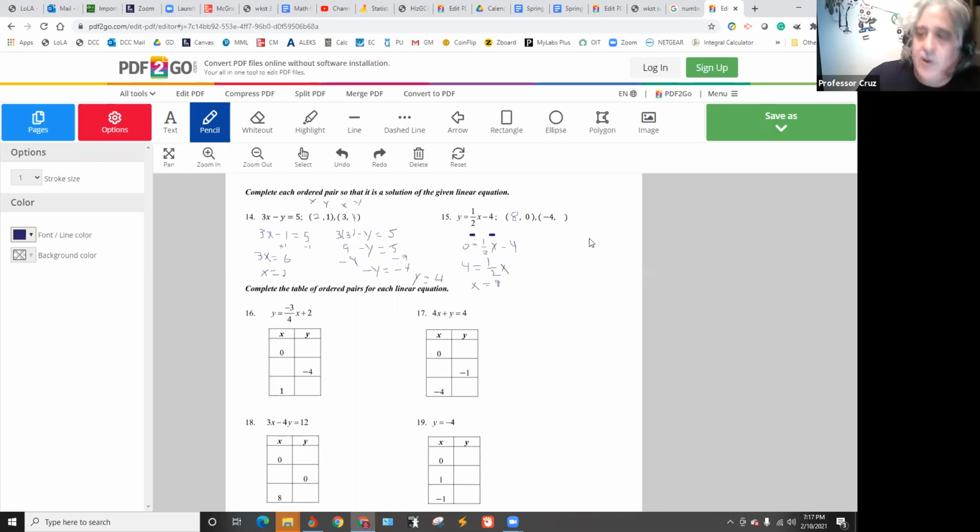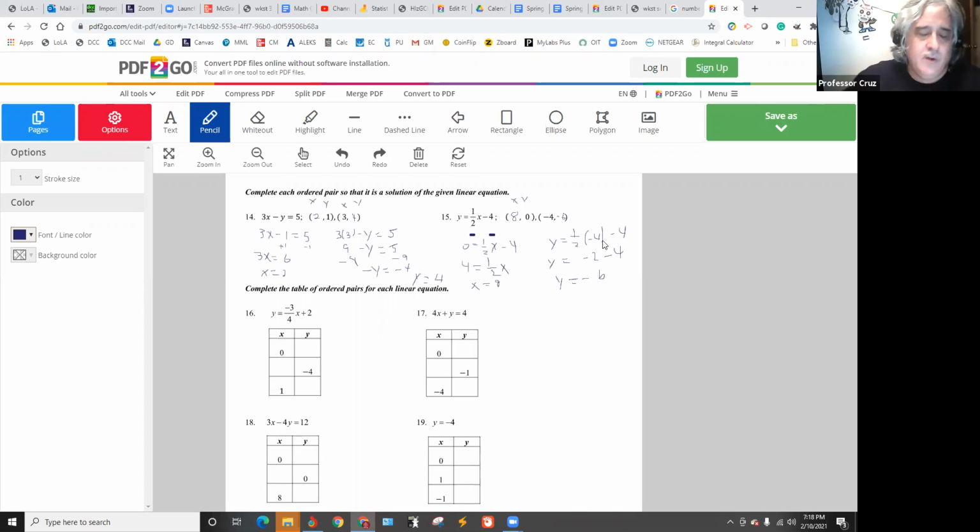So now you just got to remember this is x, and that's y. You can't mix them up. So y is equal to -2 plus -4. y is equal to -6.